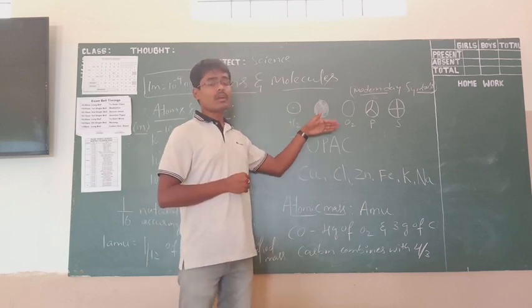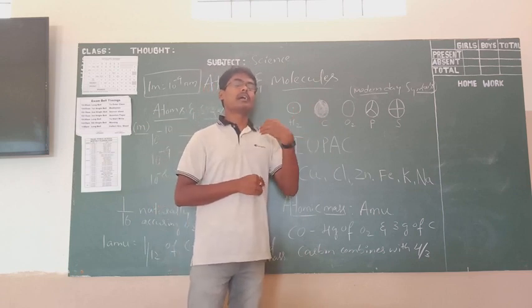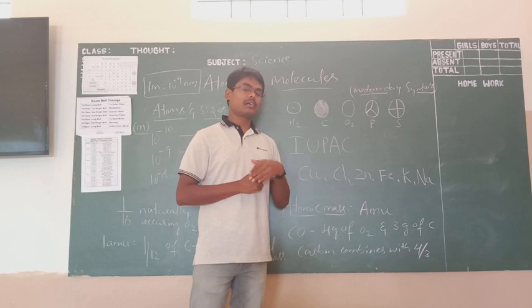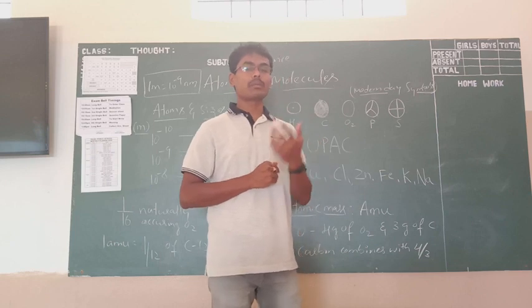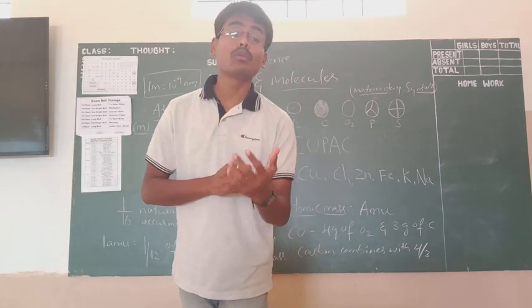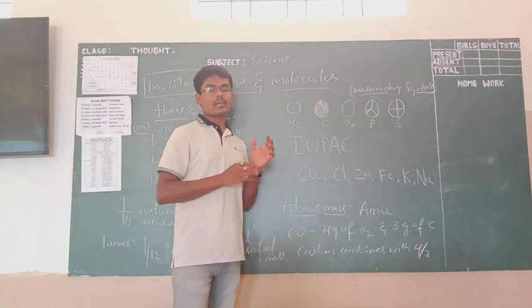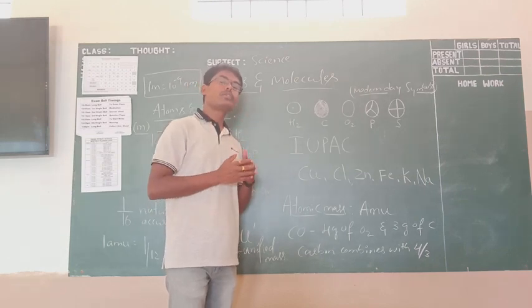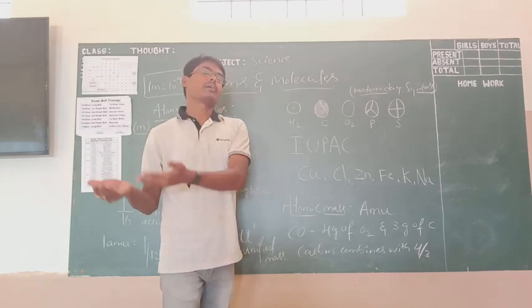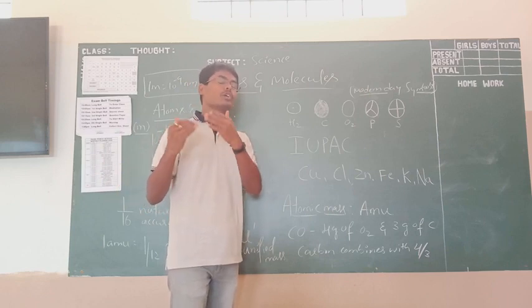Now, before the arrival of IUPAC, different elements or chemical substances were named from a Greek word, a Latin word, a German word, or from their native place. What is that native place? Where these elements are found abundantly, we use the names of those places.